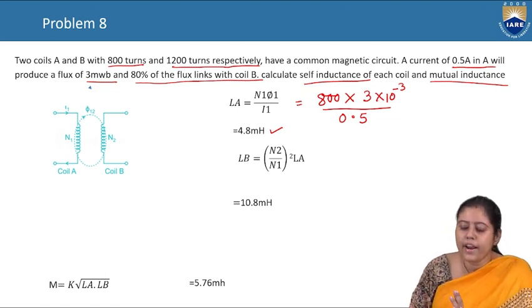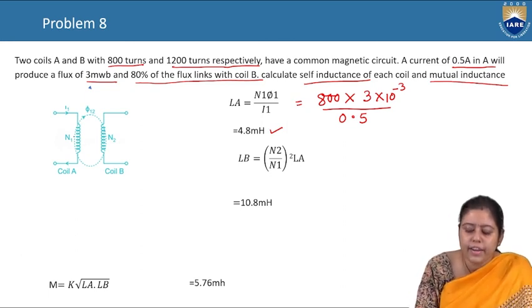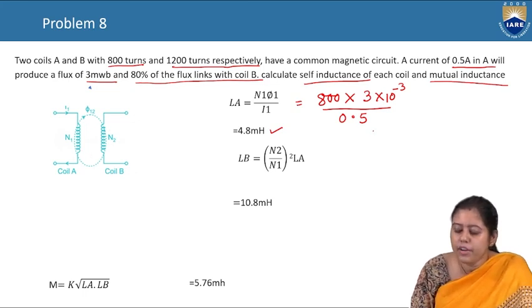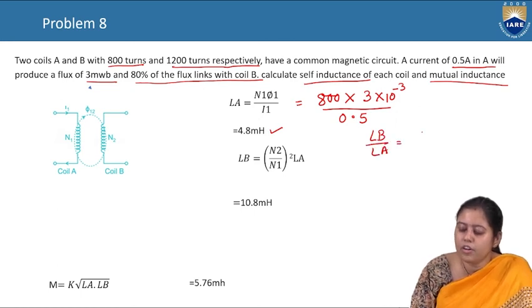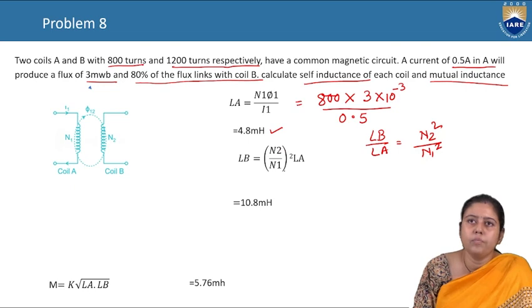Next, we find LB. What is LB? It depends on the number of turns. The formula is LB by LA is equal to N2 square by N1 square. So LB is equal to N2 by N1 square into LA.